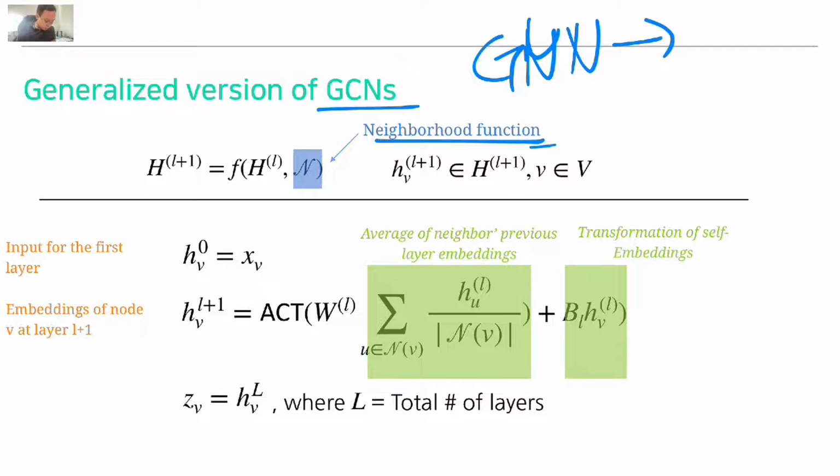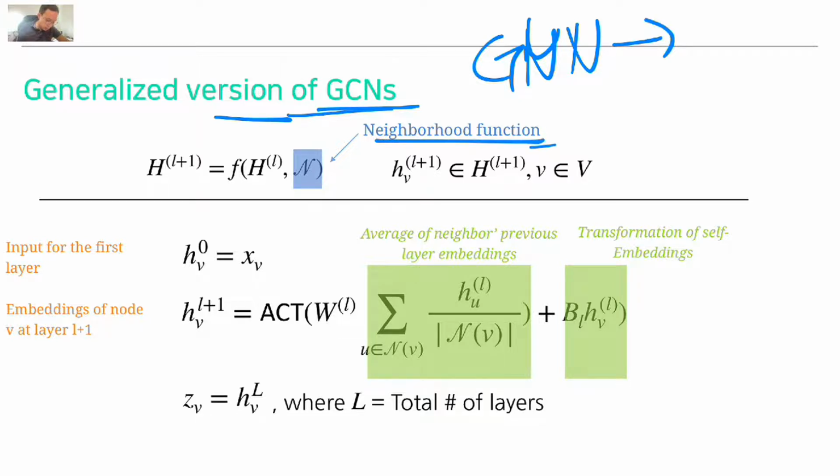Let me give you the details. This is a more generalized version of GCN. We slightly generalize from the original GCN. Previously the neighborhood function was from the adjacency, right?